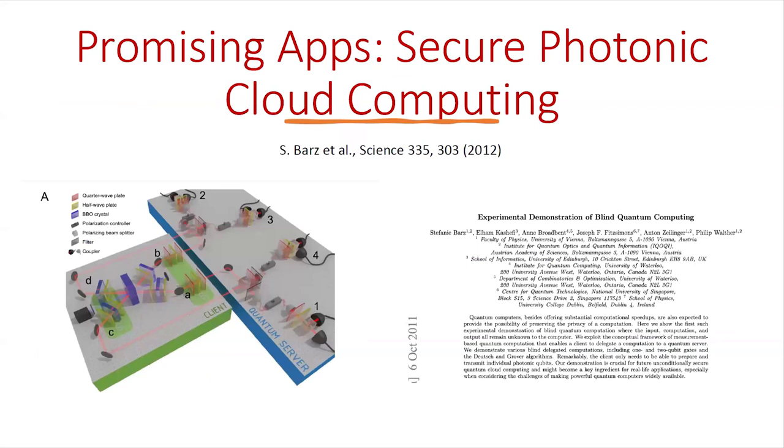There is also something promising, which is actually an old idea, but getting more popular because of the possible developments in quantum computers in the probable future. This is revived a little bit: we have some secure cloud computing idea. Again, here photons are the more popular choice, and in the original paper it was also demonstrated using a photonic system.